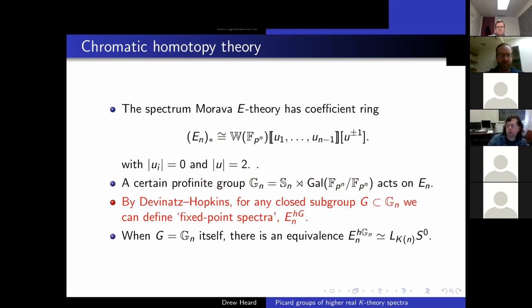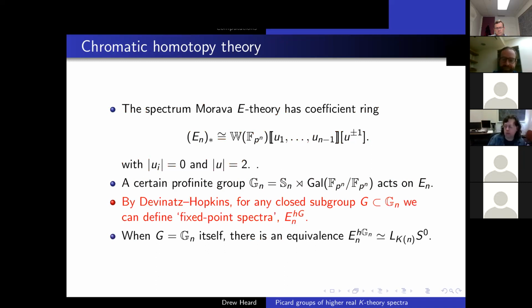Well, in general, for a profinite group it's not known how you would form the homotopy fixed points. But Devinatz and Hopkins have proved that for any closed subgroup of this, you can define something that deserves the name homotopy fixed points. And when G is just a regular finite group, this agrees with the usual construction.